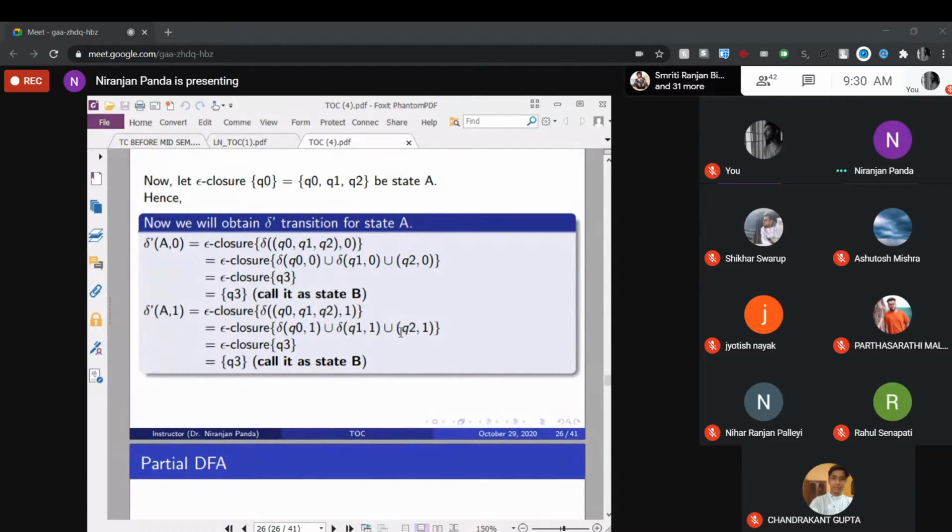That is 5 union Q3, which equals Q3. Now I go for the epsilon closure of Q3 and get the same result, Q3. Here I am not getting a new state; I am getting the same B state as before.